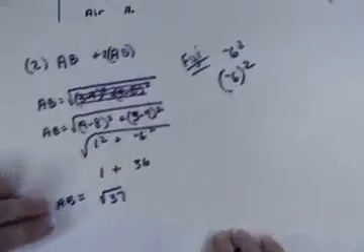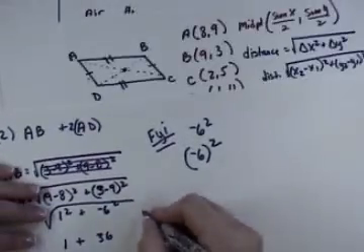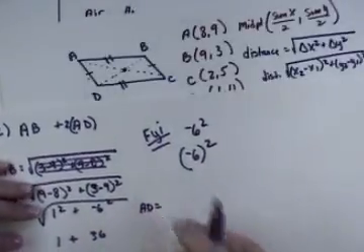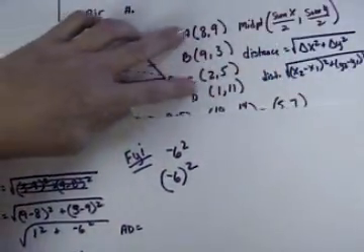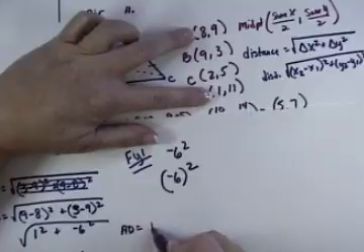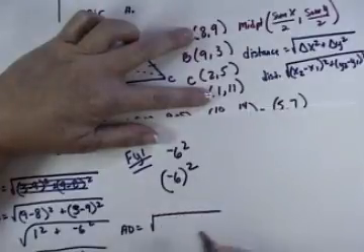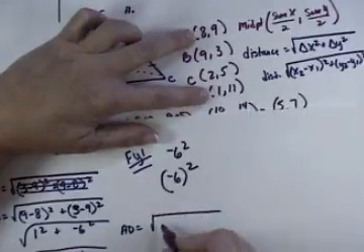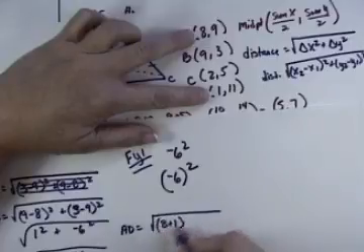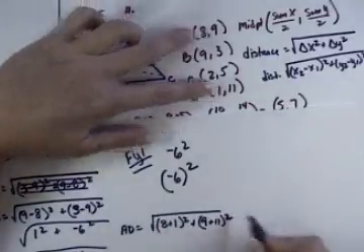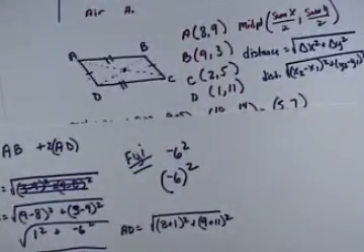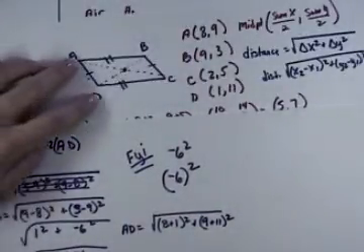Now we have to find AD. And what was the recipe? Again, the change in x's over the change in y's. AD, this top and bottom, so square root of 8 plus 1 squared plus 9 plus 11 squared. Did I do that right?